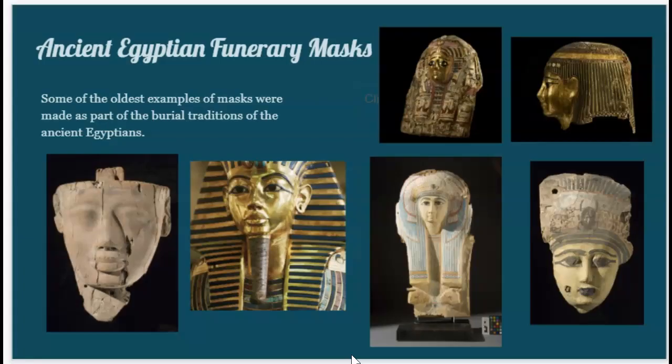And one of the things that ancient Egyptians worried about is they felt like when their spirit and body were separated, that spirit wouldn't be able to find the body again. And in the ancient Egyptian belief system, that was important. So the funerary masks were made so a person's spirit could recognize and find where they were buried.